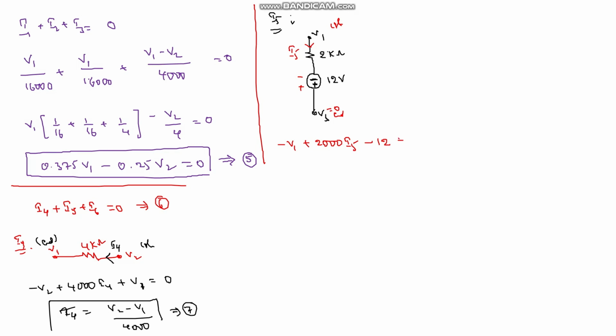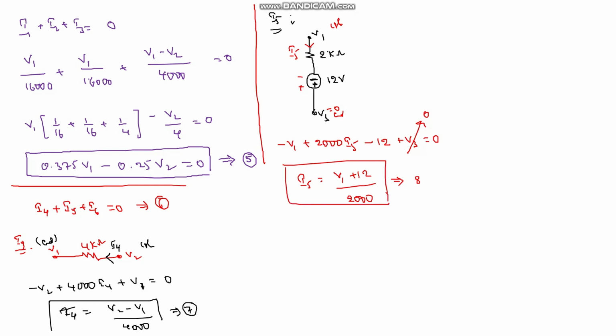Plus V3 equals 0. Here the reference voltage V3 equals 0. After simplifying this expression, I5 equals V2 plus 12 divided by 2000. Let it be equation number 8.